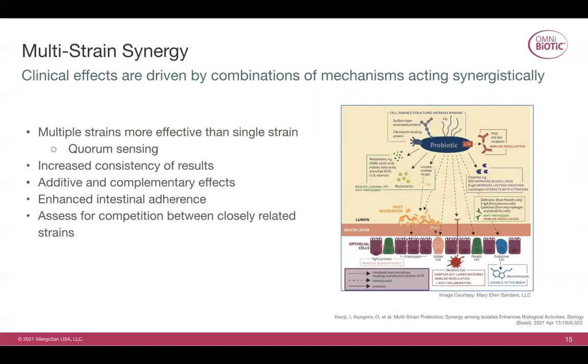This can be really helpful. Those strains work together and they have an additive or synergistic impact, or it can be really harmful. And the combination of strains actually trigger bacteriocins that inhibit or kill other microbes in the mix. The study referenced on this slide has some really, really interesting examples of this.